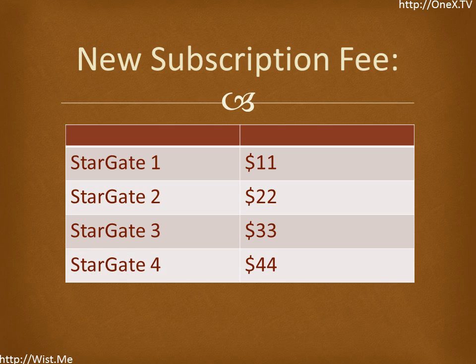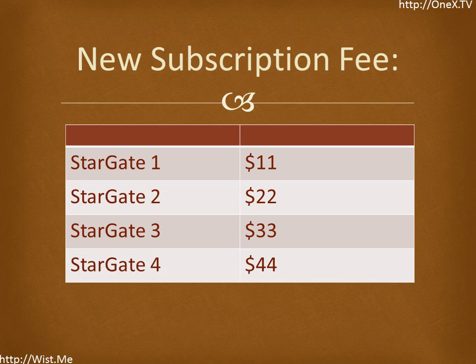Also, you don't have to wait the full cycle to renew. You can upgrade or downgrade at any time. Let's say that you started on the first of the month. You paid your upgrade to Stargate 1 on the first of the month, and after 2 days you decide to upgrade to Stargate 4.